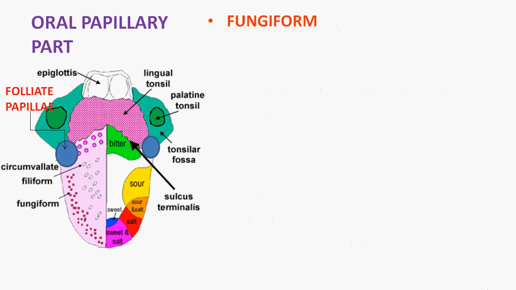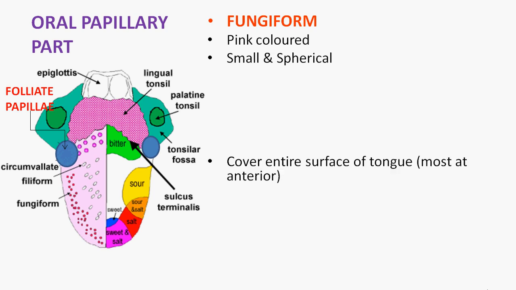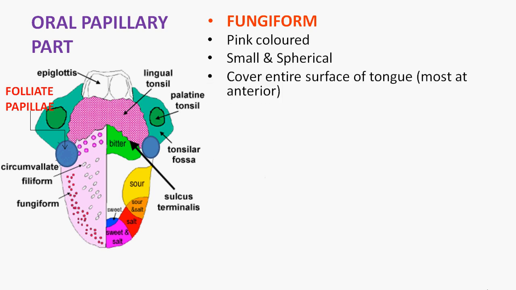Next comes the fungiform papillae. Why are they called fungiform papillae? Because their shape is somewhat like a mushroom and we know that mushroom is a fungus, hence the name fungiform papillae. They are pink colored, small and spherical in shape. They are found on the entire surface of the tongue but mostly present at the anterior part.